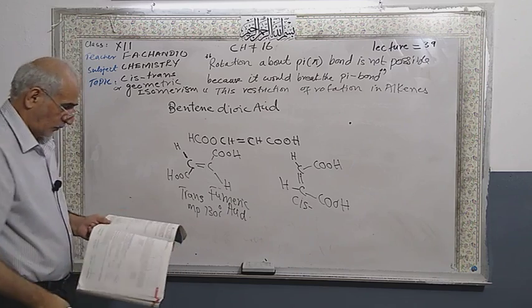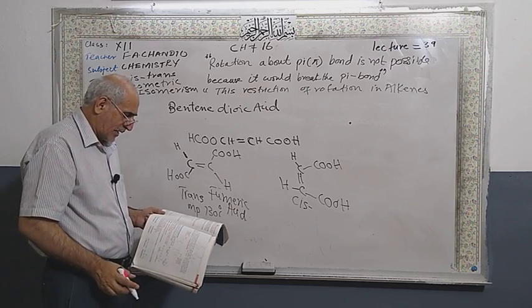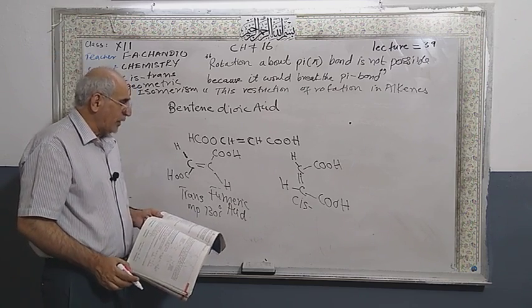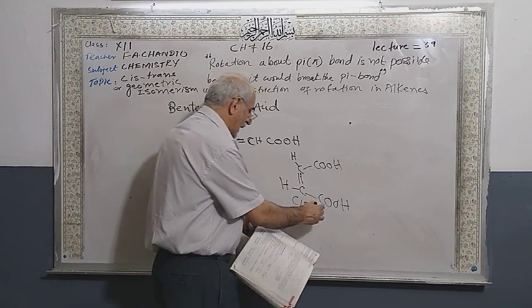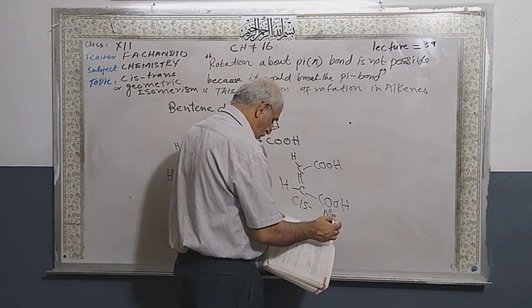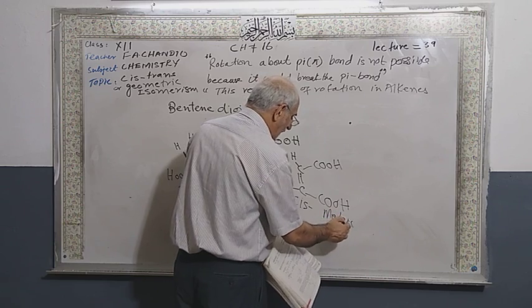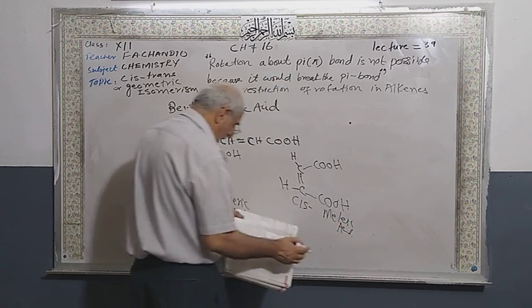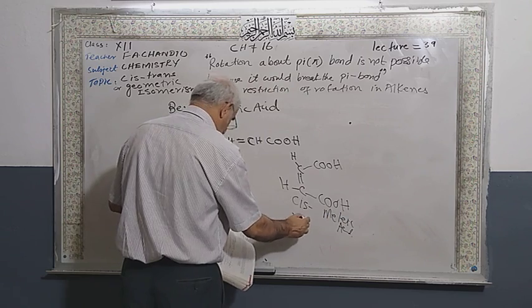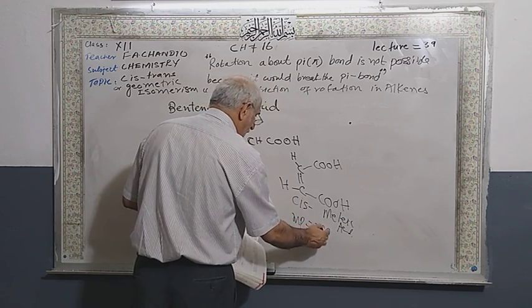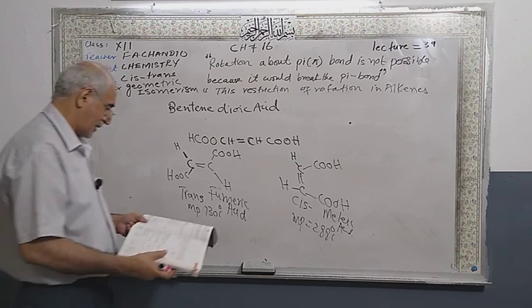Cis butenedioic acid, and this cis butenedioic acid is called maleic acid. This maleic acid has a melting point of about 288 degrees Celsius.